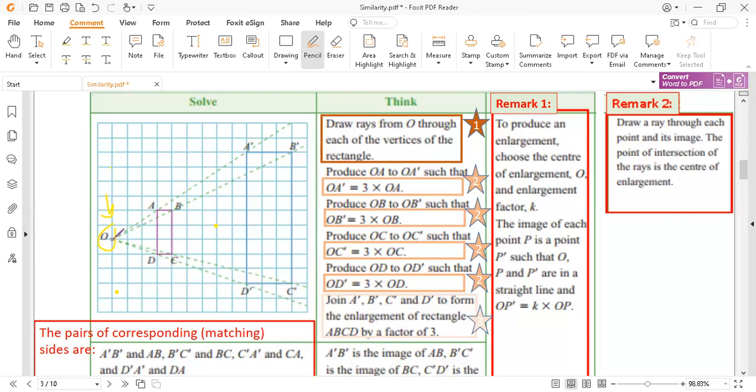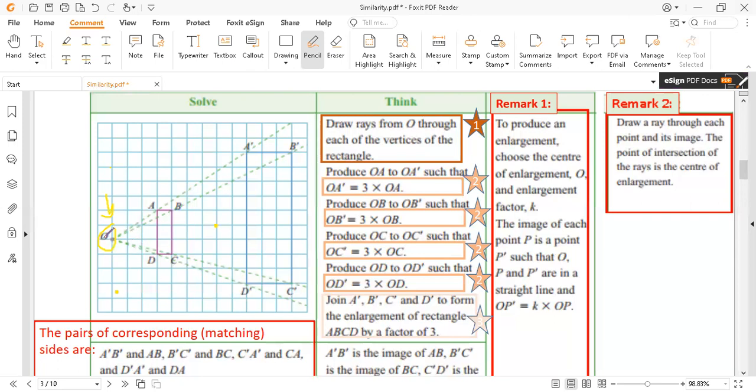So we draw rays, because the interesting points that form the shape of our figure are the vertices A, B, C, and D. If we focus on these vertices, we will obtain the enlargement of this figure, the blue one. We draw a ray starting from O and going through each vertex.